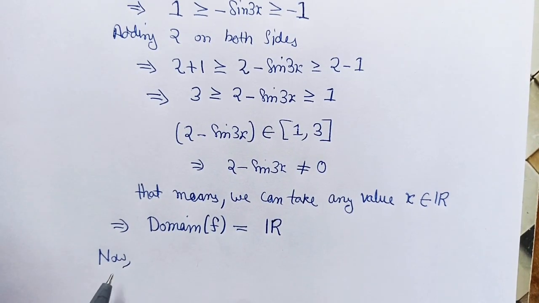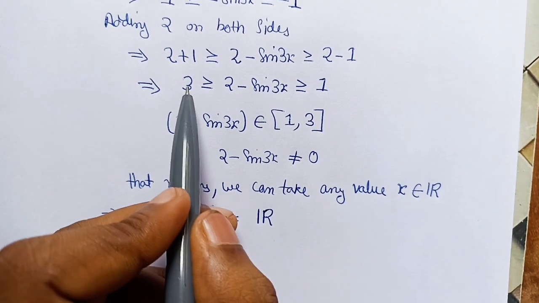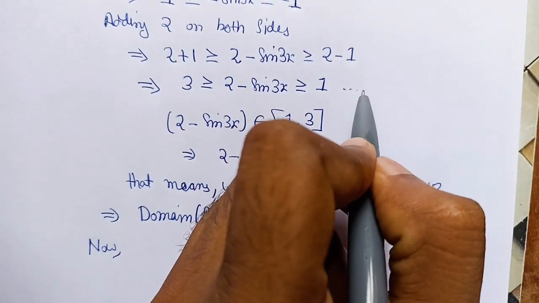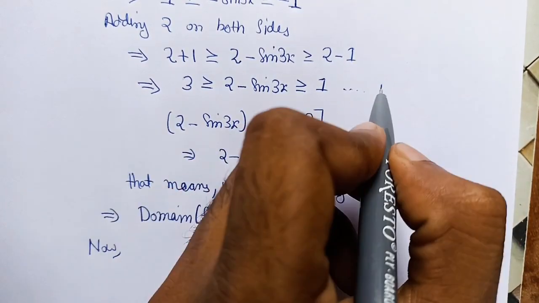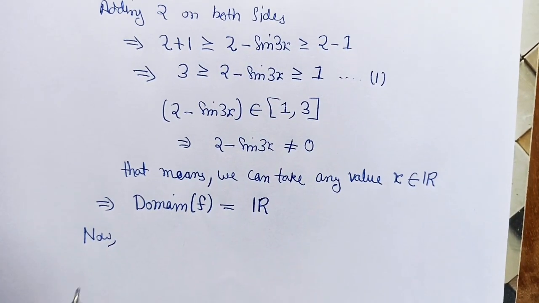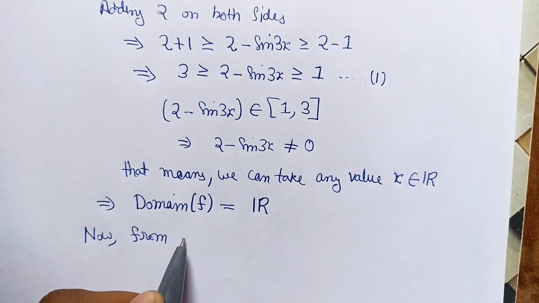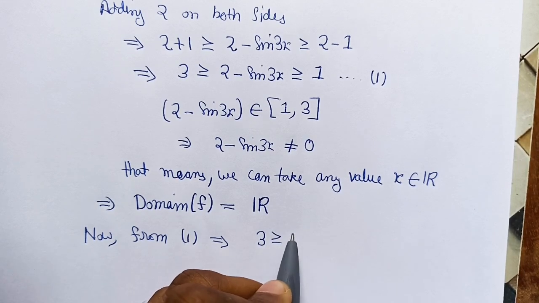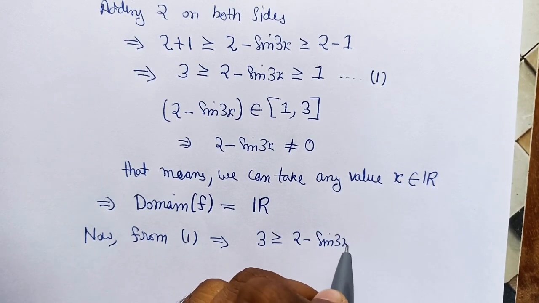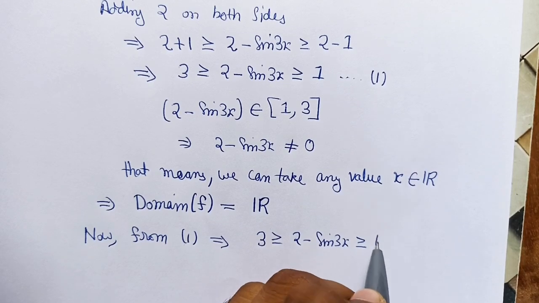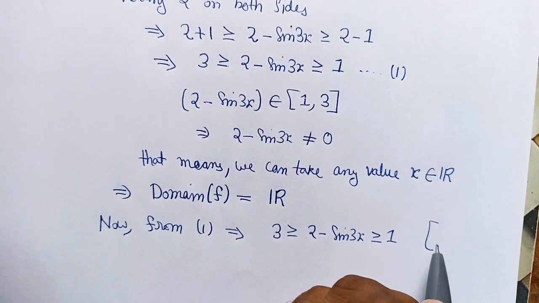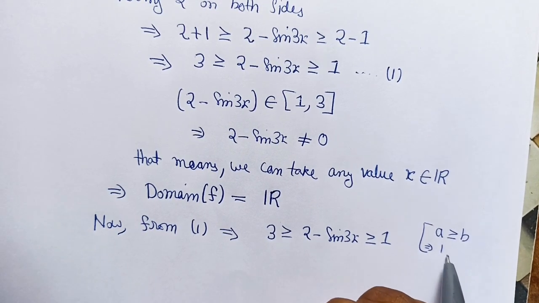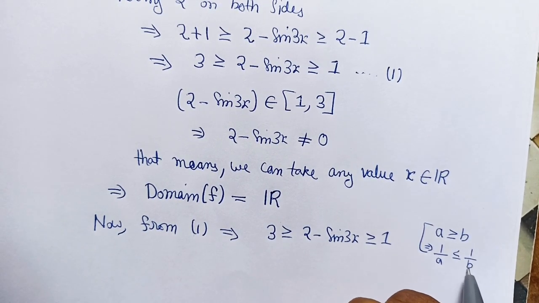Now as you can see, the inequality 3 is greater than or equal to 2 minus sine 3x, which is greater than or equal to 1. Suppose this is inequality 1. So from 1, we apply the condition, because we know that if a is greater than or equal to b, that implies 1 upon a is less than or equal to 1 upon b.